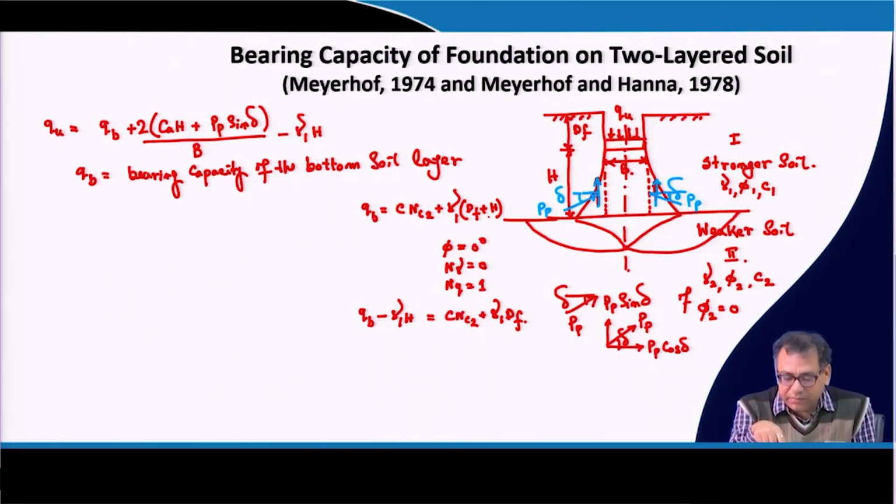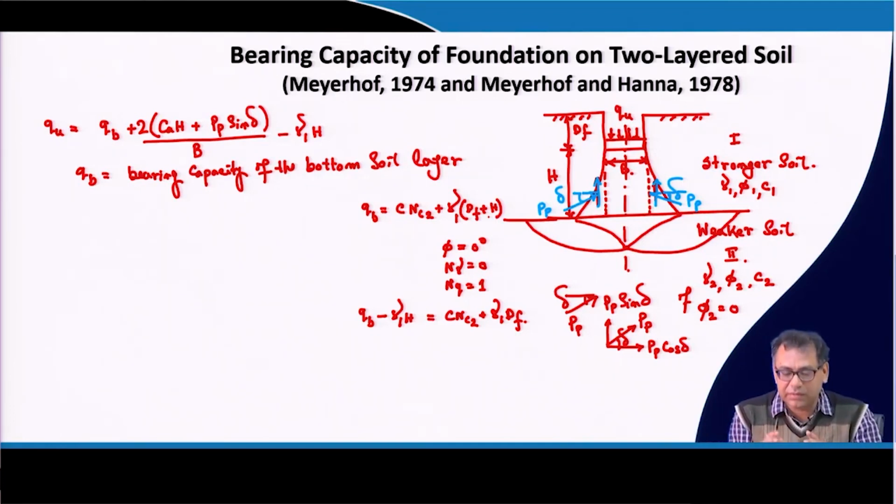That is the reason why I am putting gamma 1 H. Now, one thing: if during the QB calculation you itself neglect that value and calculate only C N S U plus gamma 1 D F, then there is no need to subtract gamma 1 H. Either you calculate QB considering D F and H, then you have to subtract that H contribution, or if you take QB with only the D F contribution, then there is no need to subtract it.